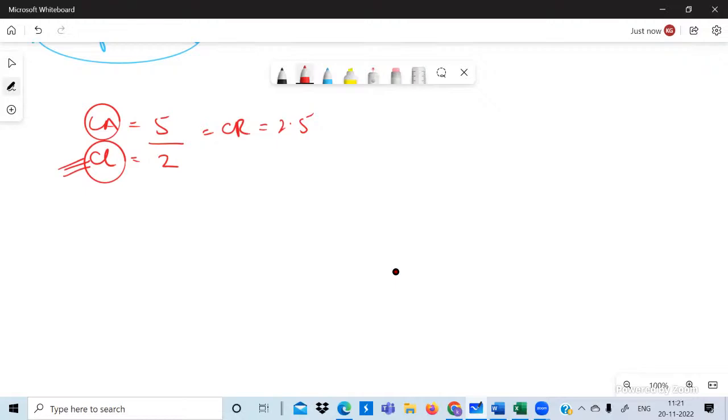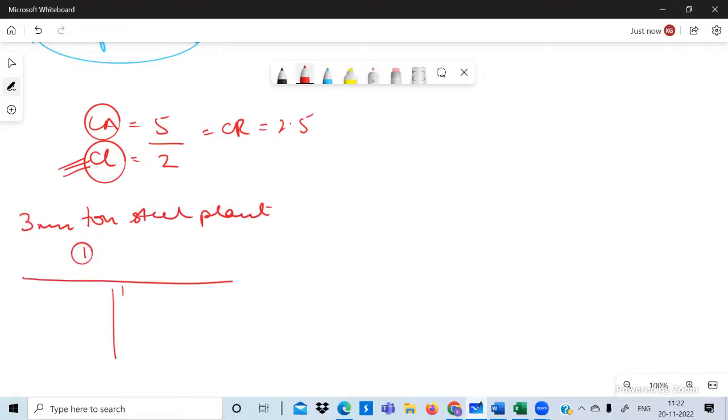Let's take an example. Let's say I'm in the process of setting up a 3 million ton steel plant. So let's look at option 1. Let's say this is my balance sheet. I've got non-current assets, I've got current assets, I've got current liabilities, and I've got long-term sources, which will include my share capital, reserves and surplus, and my long-term debt, bonds, debentures, whatever.